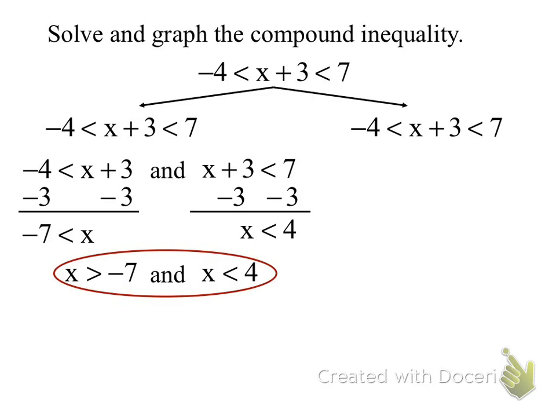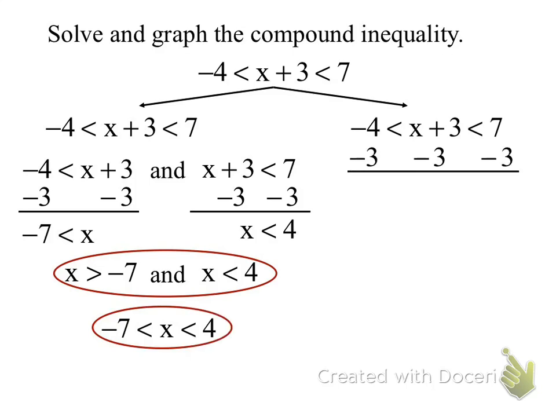Now, a second method for doing this is instead of splitting it when it's an in-between statement, use my subtraction property of equality right away. Subtract 3, subtract 3, subtract 3 from all 3 parts of the inequality. It's really all 4 parts because that center part is really doubling for 2 equations.